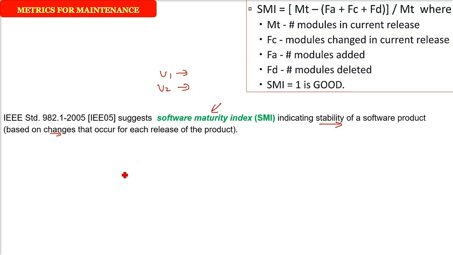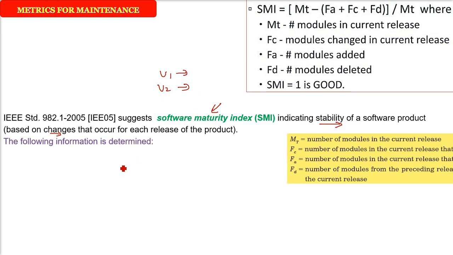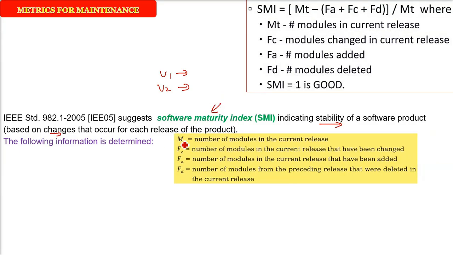This software maturity index is computed very easily. There are parameters: MT is the number of modules in the current release. It can be any version, any release. FC is the number of modules in the current release that have been changed.